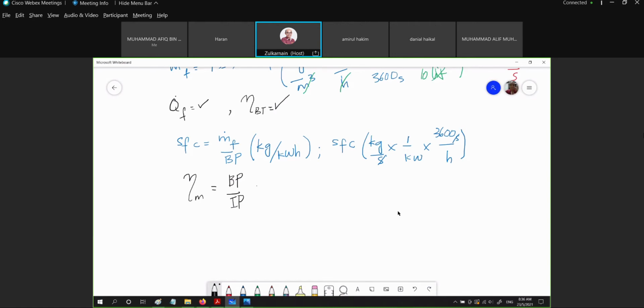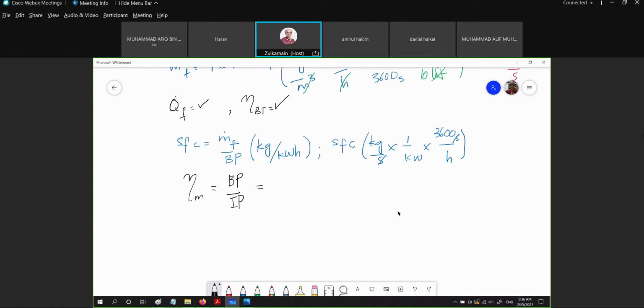Ataupun kita boleh dapat daripada apa lagi? Guys, formula yang kita tahu. Selain daripada BP over IP, apa lagi yang kita tahu tentang mechanical efficiency? Punya persamaan. Equation for the mechanical efficiency. Apa lagi?